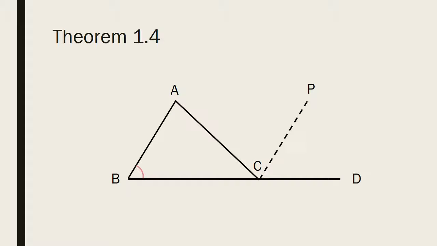Angle B equals angle PCD since they are corresponding angles. Therefore, angle ACD equals angle ACP plus angle PCD, which equals angle A plus angle B. Hence proved.